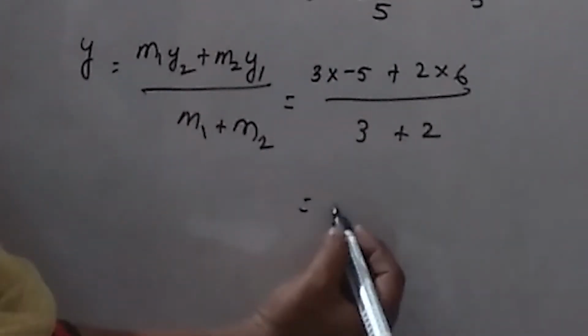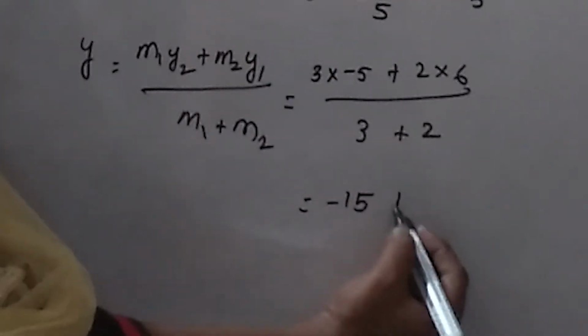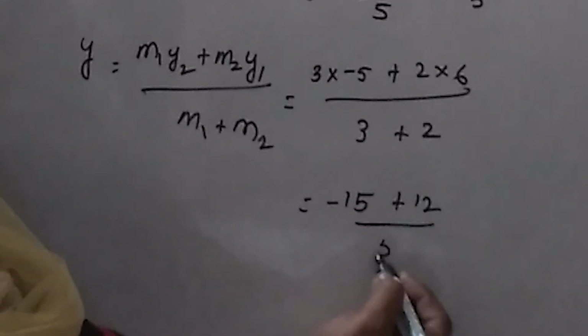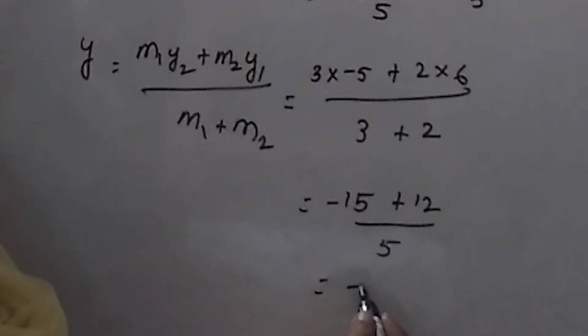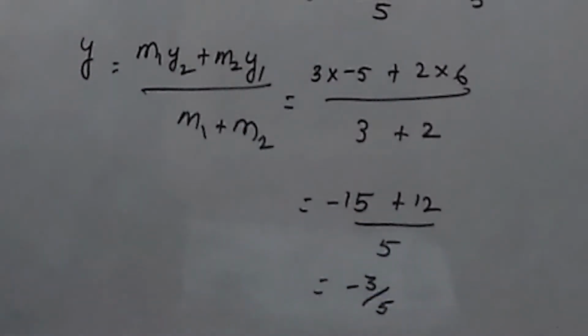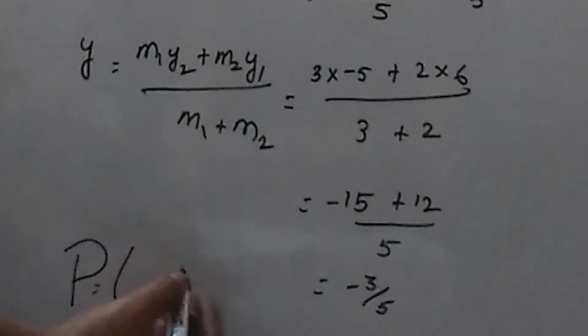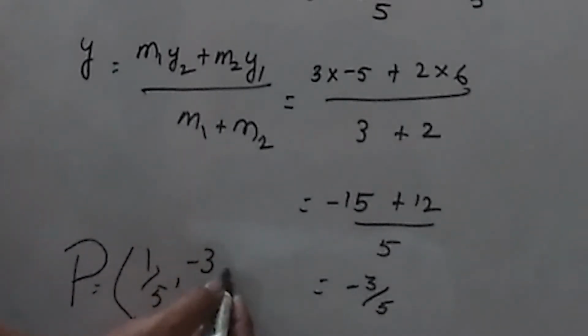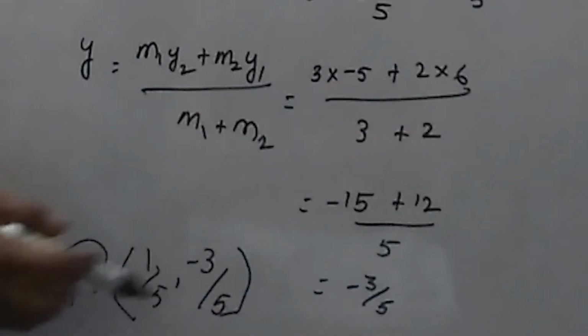So you will get minus 15 plus 12 upon 5, so minus 3 upon 5. Now write the answer. Point P is 1 upon 5, minus 3 upon 5. This is the answer.